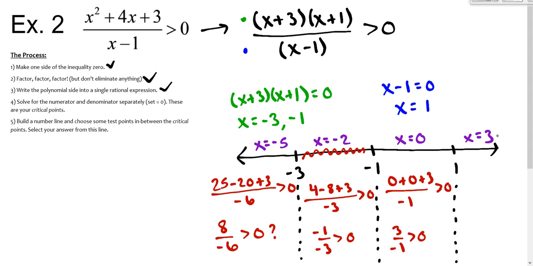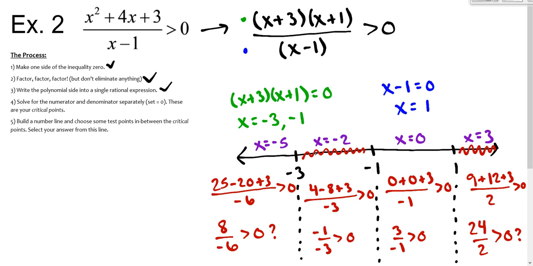Next, I'm going to substitute 3 in. 3 squared is 9. 4 times 3 is 12, and then plus another 3, over 3 minus 1, which is 2. Is that greater than 0? Well, 9 plus 12 is 21, plus 3 is 24. 24 over 2 is a positive number. Is that greater than 0? Yes. So this part is also going to be included in my solution.